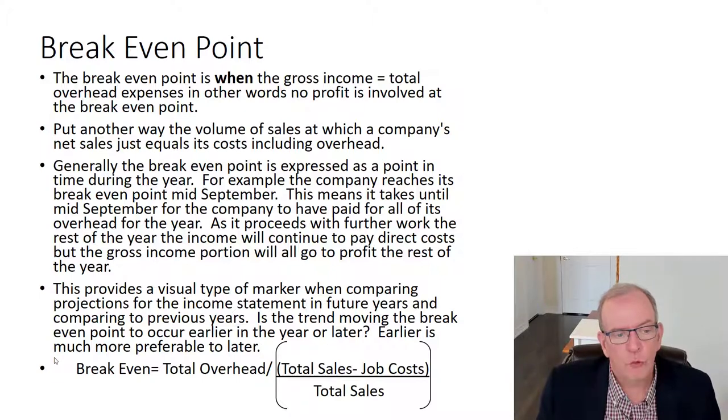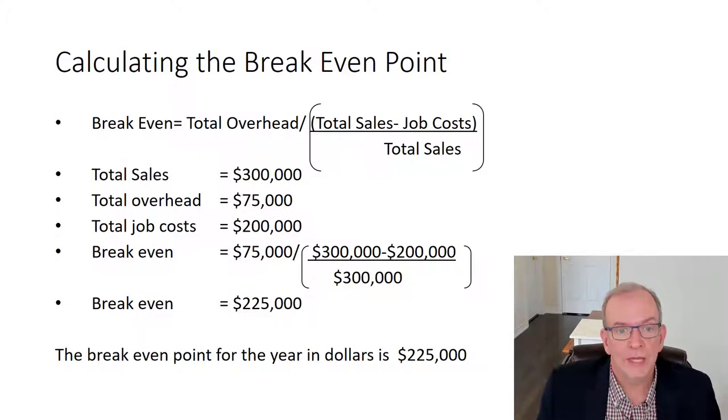So there is this formula, break even equals total overhead divided by, and I kind of got these brackets around it, total sales minus job costs divided by total sales. So that's kind of giving you that form. This is giving you how to calculate the break-even point in dollars, but I'm going to show you how then you got to take it a step further to actually break it down into finding out where in the year it is.